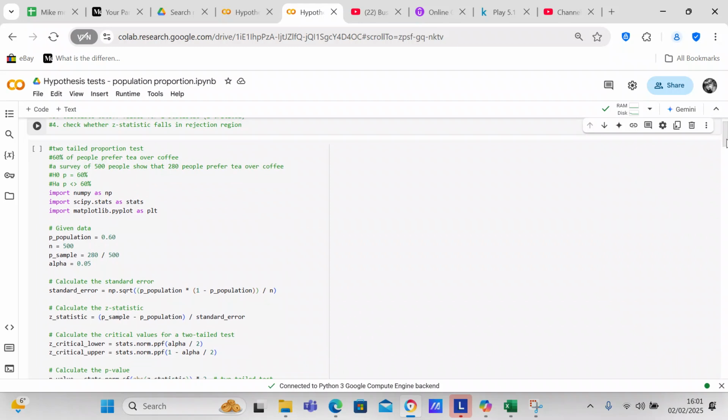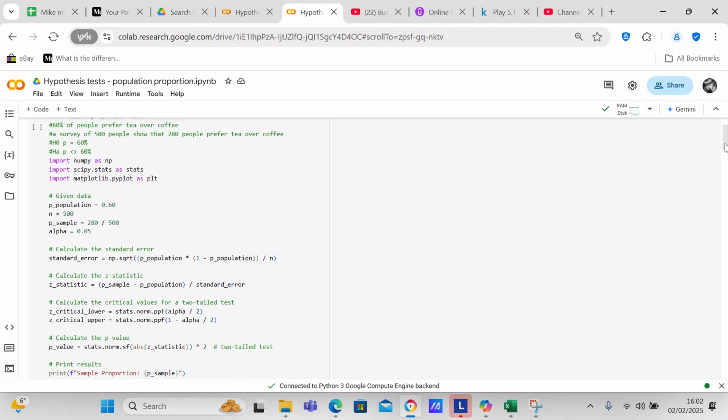The first hypothesis test is a two-tailed proportion test, where 60% of the people prefer tea over coffee, and you conduct a survey of 500 people to show that 280 people prefer tea over coffee. So your null hypothesis is the population proportion equals 60%, and your alternate hypothesis is the population proportion does not equal 60%.